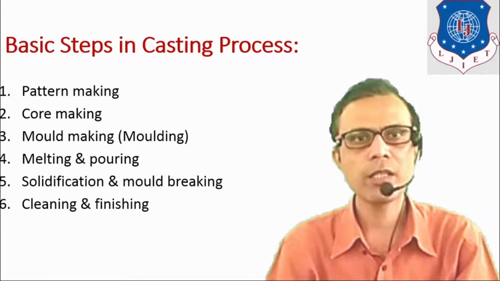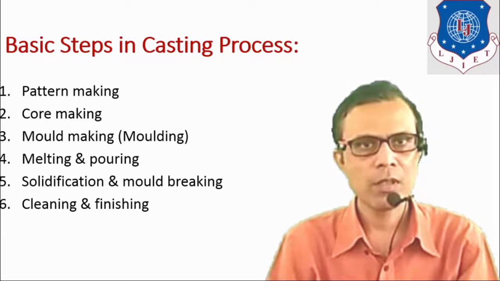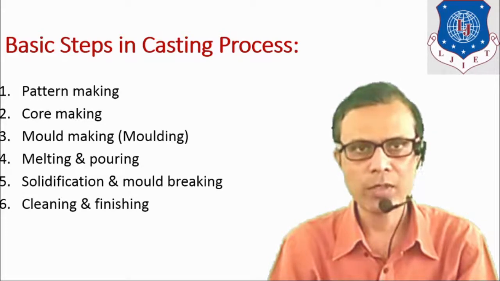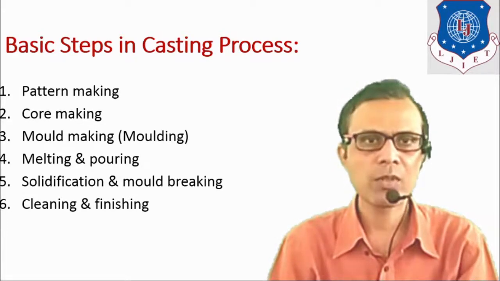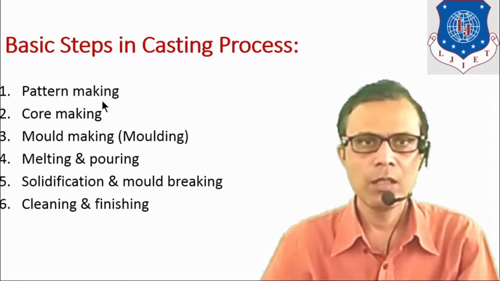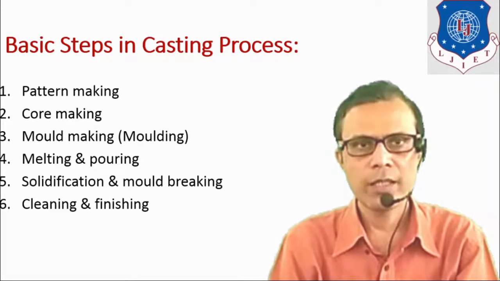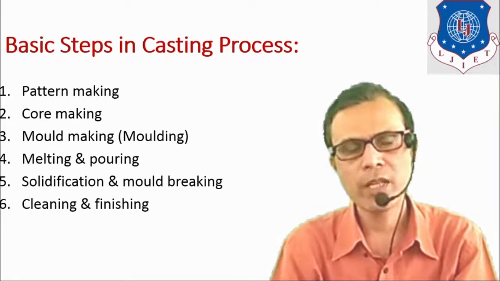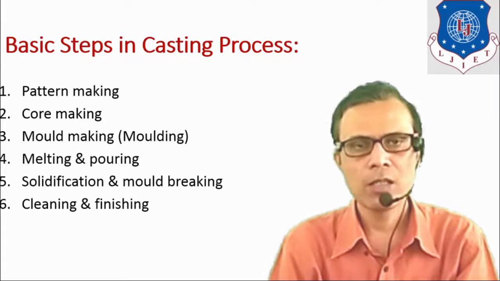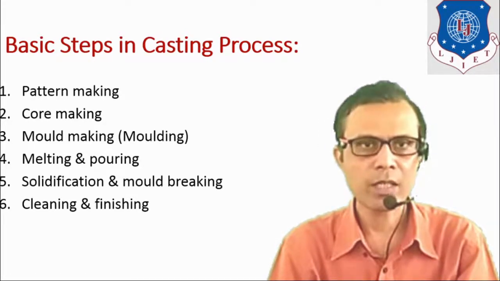Now let's see what is the basic procedure, or which steps are involved in the casting process. So the very first step towards the casting process is pattern making. Now we know what is pattern. Pattern is actually a duplicate or replica of the workpiece which we want to manufacture by casting process.